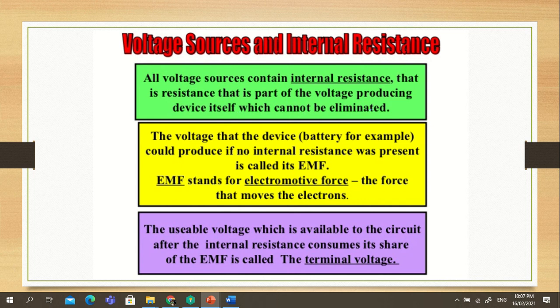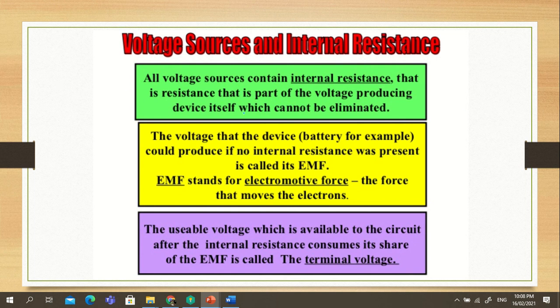Of course, for example, a lead acid battery has a lead that also has a resistance. So if you have the rating of that battery, for example, what you will get is less than the rating because of the internal resistance.